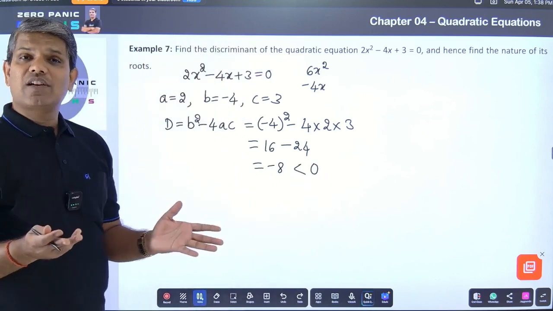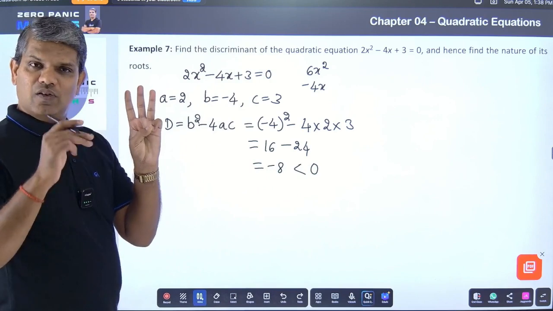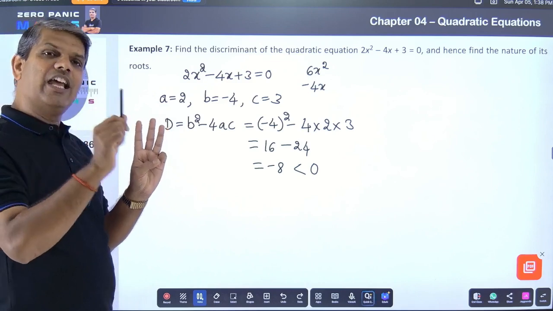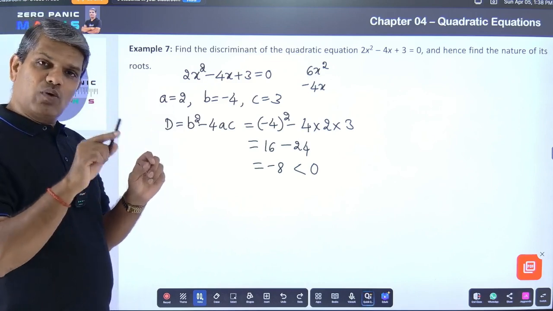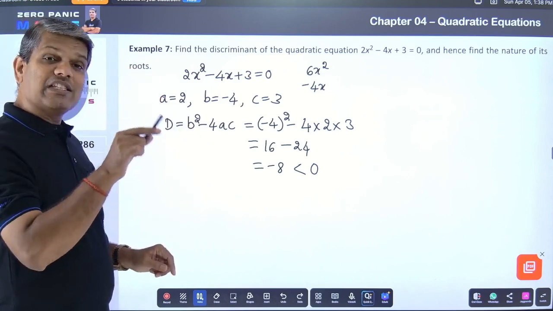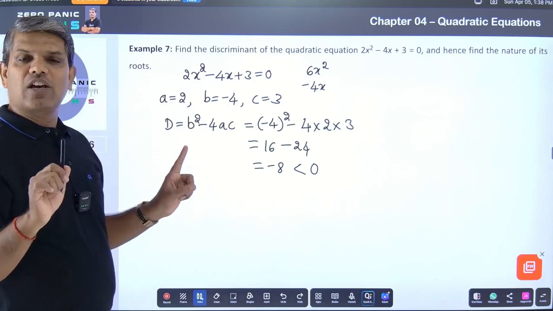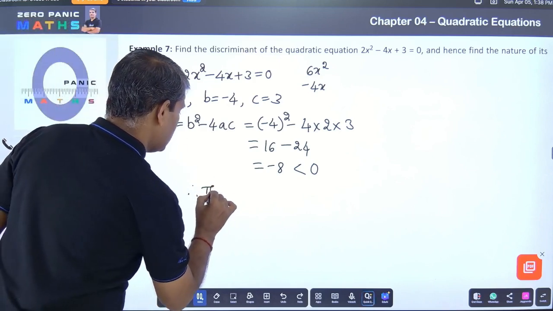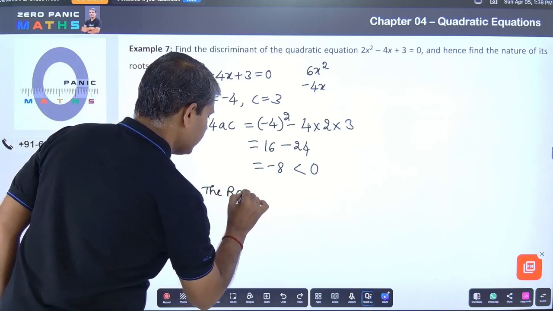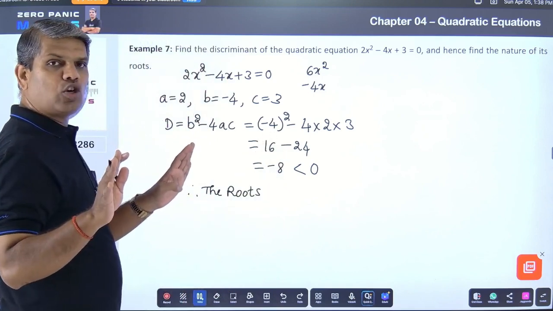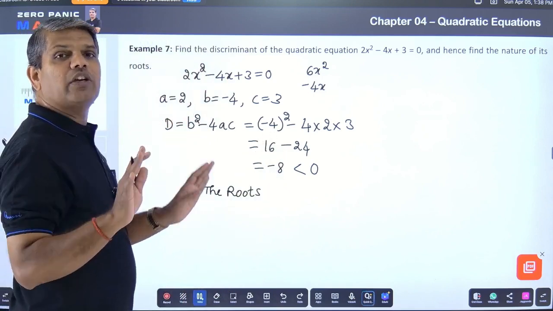Then what is the nature of the roots? There are three conditions. You remember that? If it is greater than 0, then the roots are real and distinct. If it is equal to 0, then they are real and equal. If it is less than 0, then the roots are not real. Therefore, since we got the discriminant value less than 0, we don't have to find out the roots because we are not going to get the real roots.